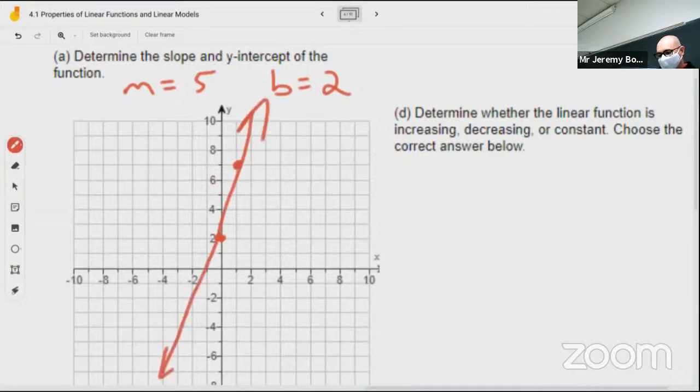You could also go down 5, 1, 2, 3, 4, 5. I think I drew my line a little funky. 1, 2, 3, 4, 5, and over 1. So there should have been a point right here too. Let's clean that up. 1, 2, 3, 4, 5.